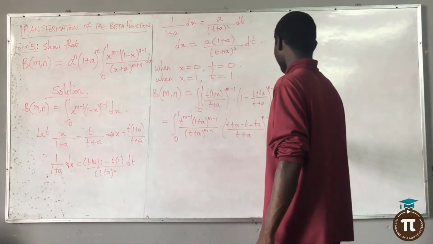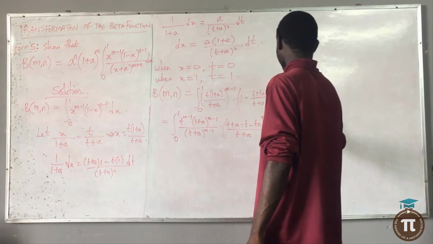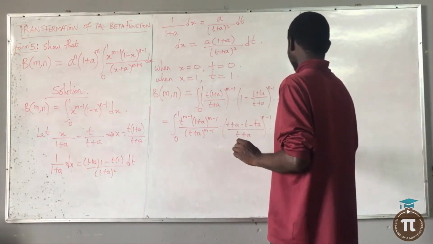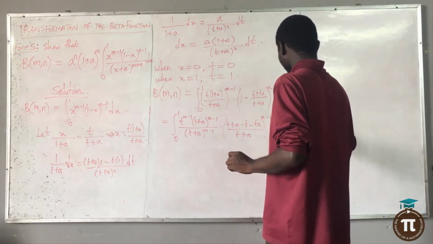Then a times 1 plus a over t plus a all squared dt.